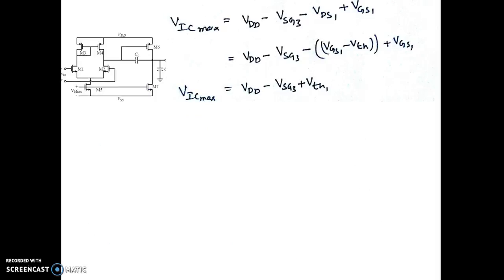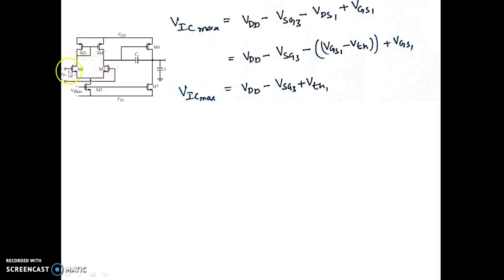In order to find the VIC max, as we know, VIC max is the input common mode maximum voltage. This refers to the point where, as we keep on increasing the input voltage, one of the MOSFETs will go out of saturation. So it is the verge of the input voltage at which M1 just goes out of saturation.